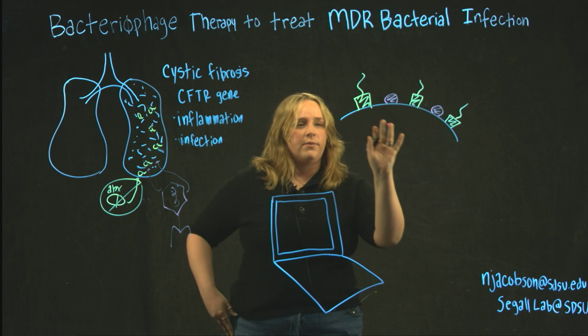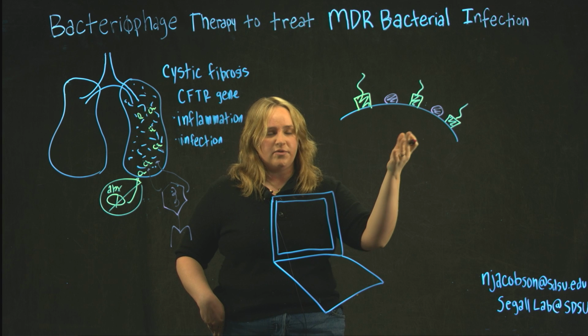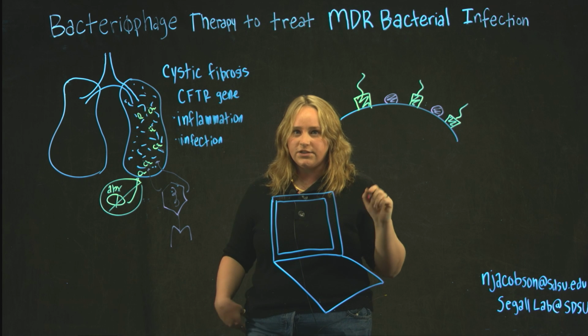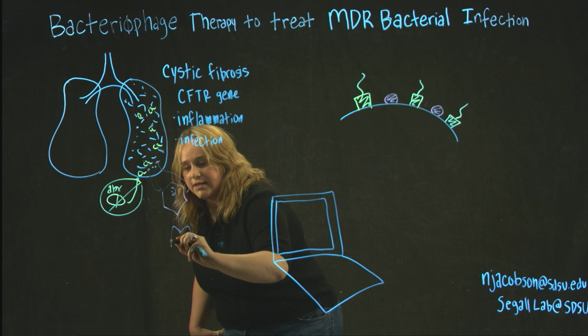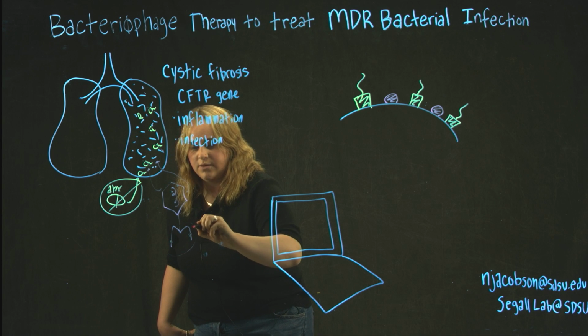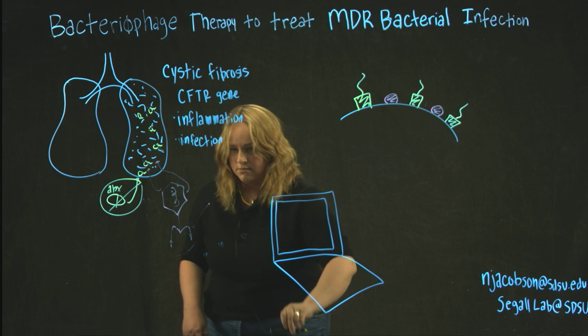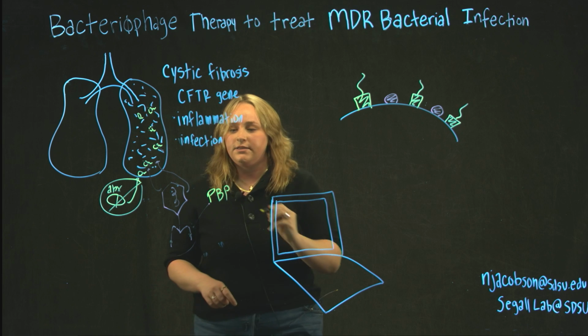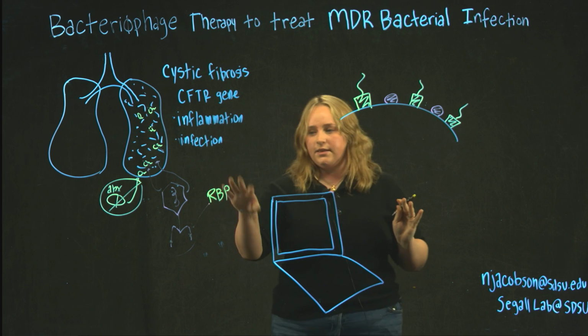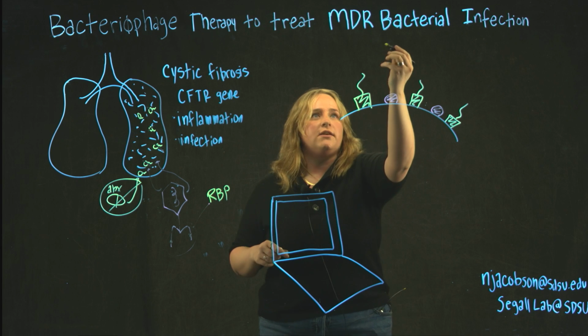So over here, we have the cell surface of a bacteria. What the phage does when it begins infection is it uses these proteins called receptor binding proteins. It's going to use this protein to bind to the cell surface.